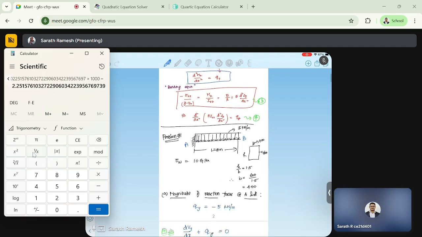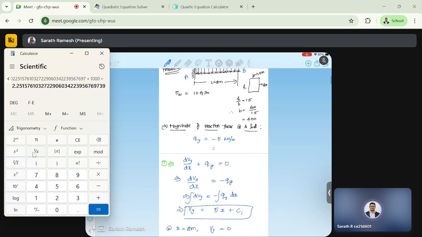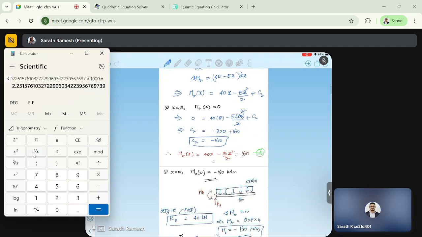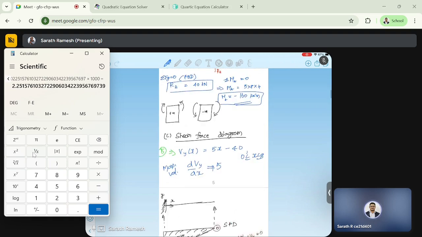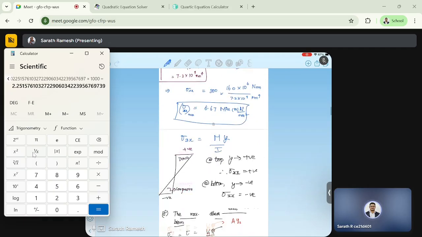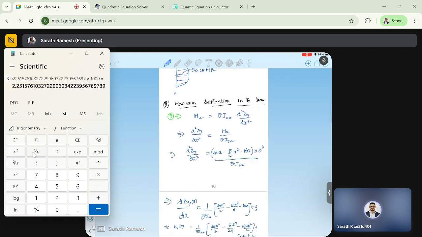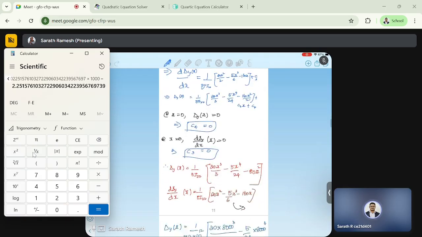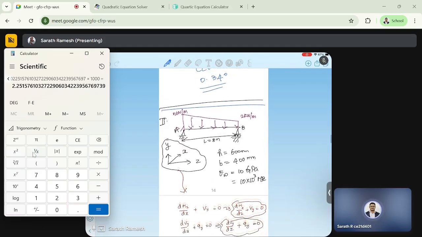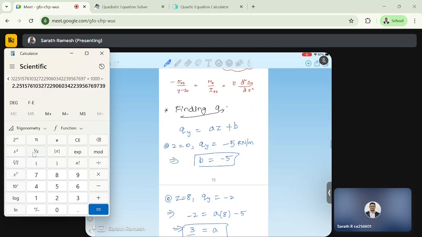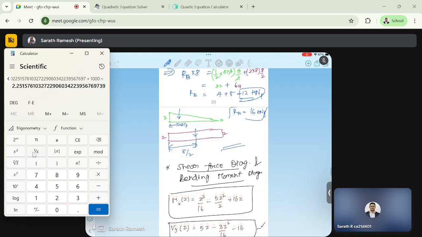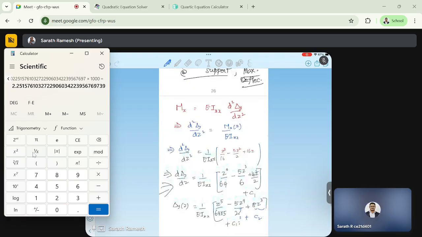We saw how to find support reactions, how to draw bending moment and shear force diagrams, and how to calculate the bending normal stresses and maximum shear stress. Also how to find the deflections and rotations using the proper boundary conditions. And we also saw the case of UDL and a loading value that changes linearly.